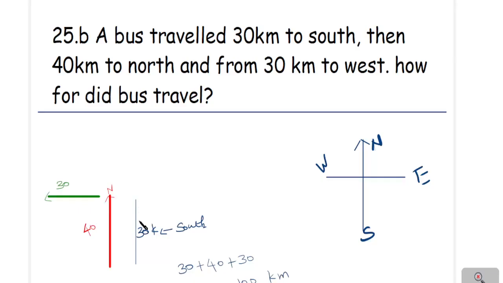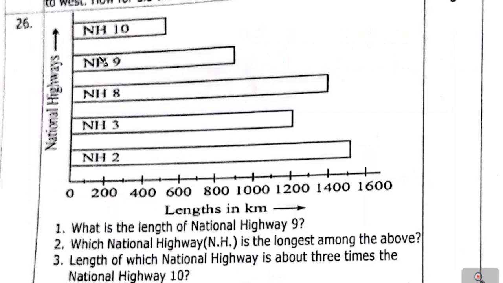So 40 minus 30 is 10 kilometers, then towards the west 30 kilometers. So the balance is 10 plus 30, 40 kilometers only. If it is a direct question, the answer is 100. And if they ask about the actual movement of the bus, then only 40 kilometers.